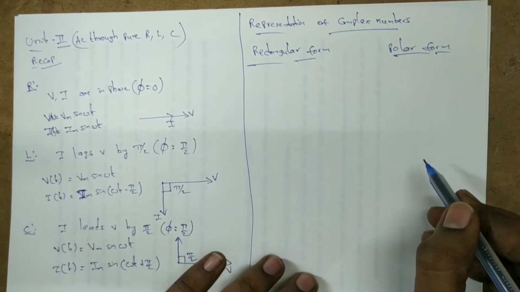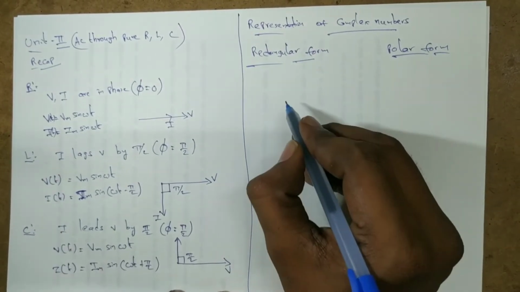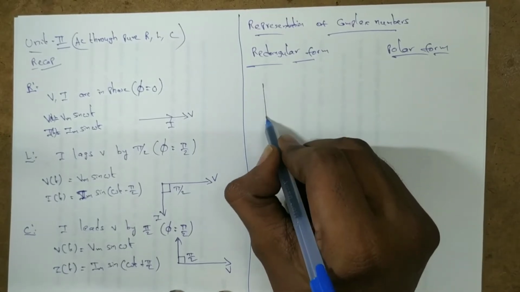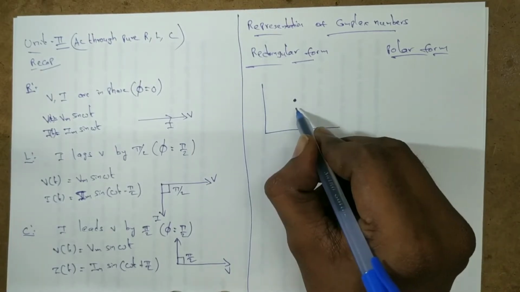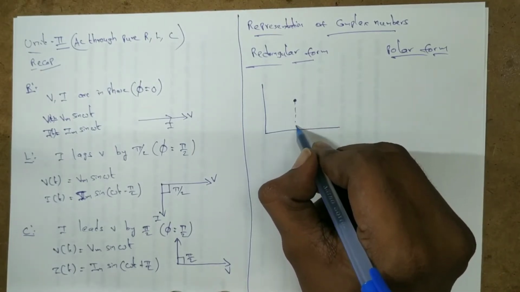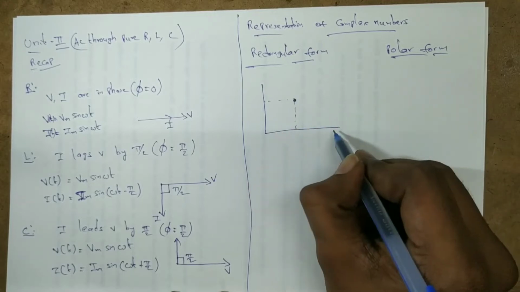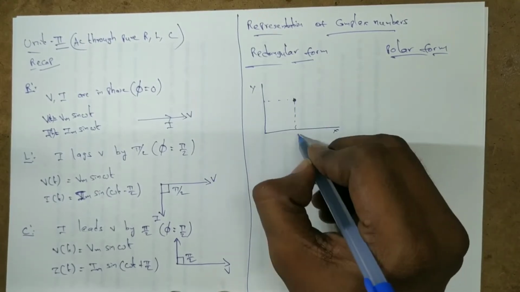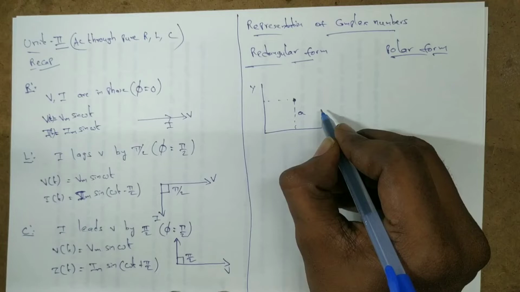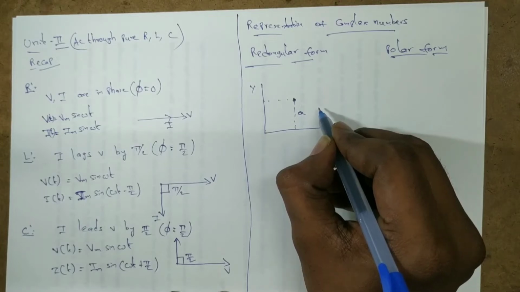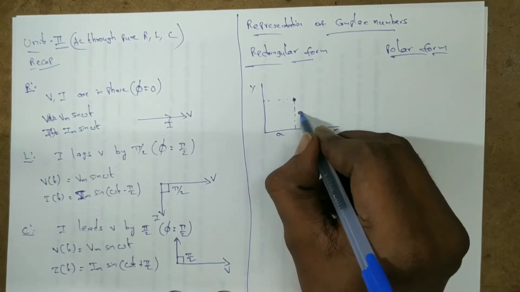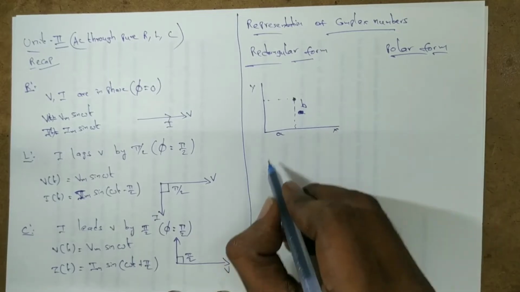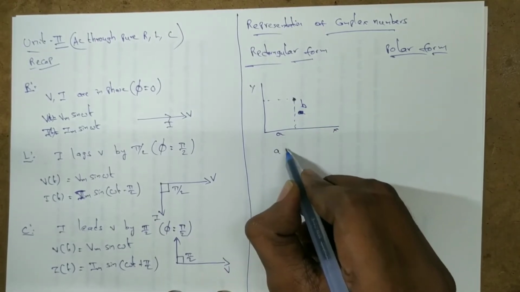Coming to rectangular form, let us consider a complex number on two axes, the x-axis and y-axis. Consider this is the complex point, whose coordinates on x and y are a and b. That means the x coordinate of that point is a and the y coordinate is b.